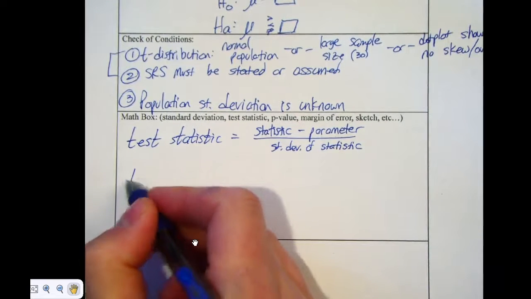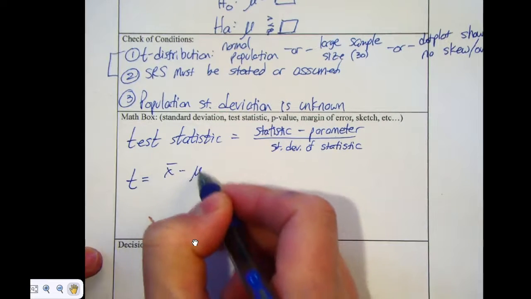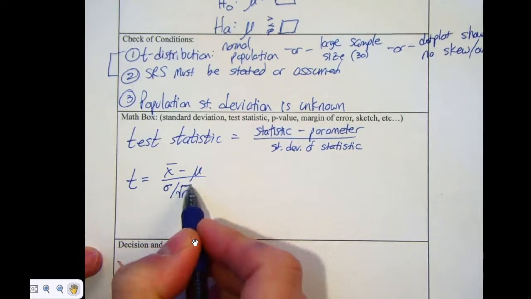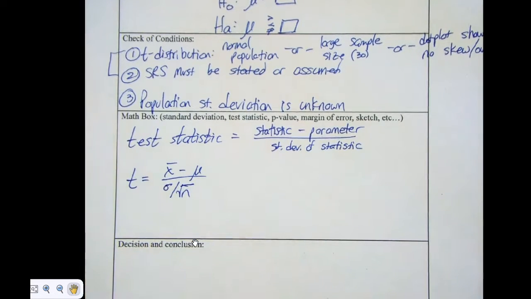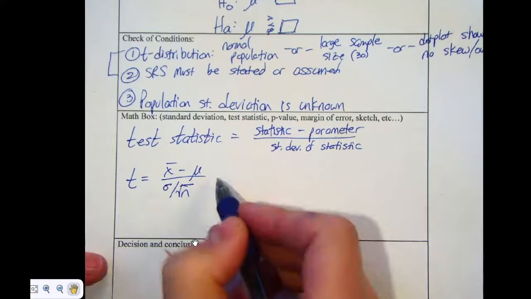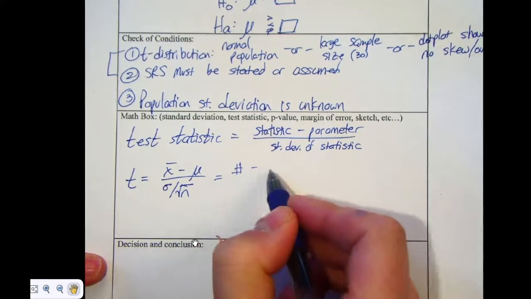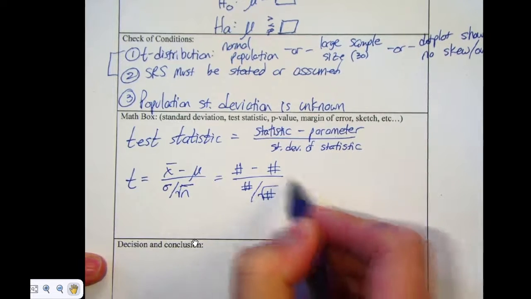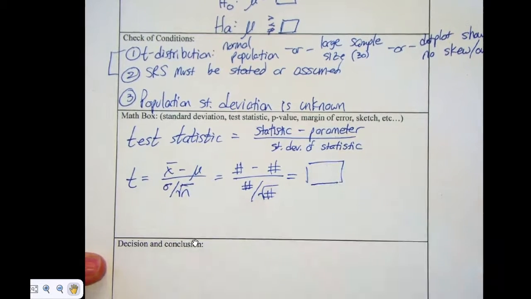And in this specific one, t is going to equal x bar minus mu divided by the standard deviation divided by the square root of n. Then you put in the numbers. So I'm just putting numbers in these spots. And then you get a t-value.